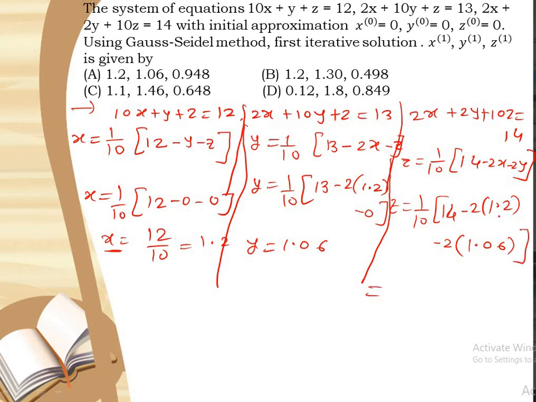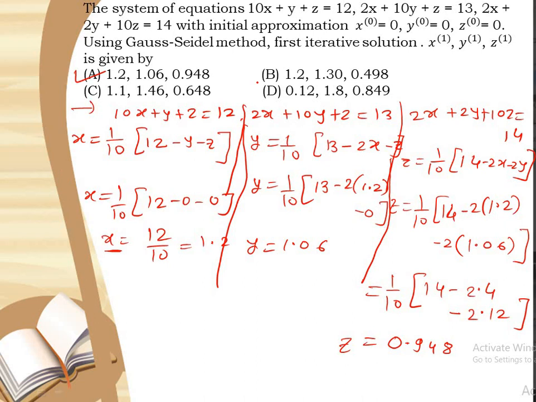Okay, and the answer is 1 by 10 times (14 minus 2.4 minus 2.12), and the final answer is 0.948. So that is the value of z. So here the value of x is 1.2, the value of y is 1.06, and the value of z is 0.948. So answer A is the correct answer.